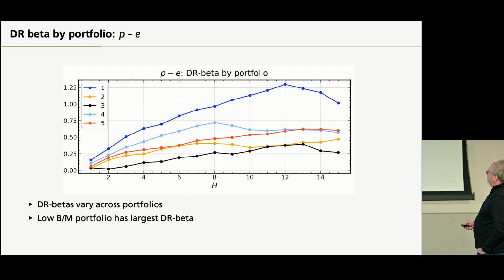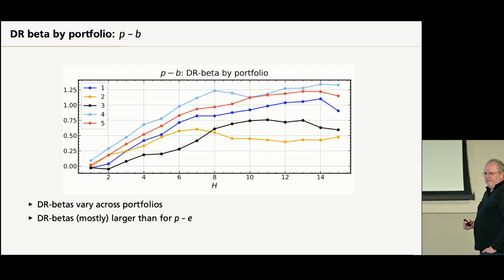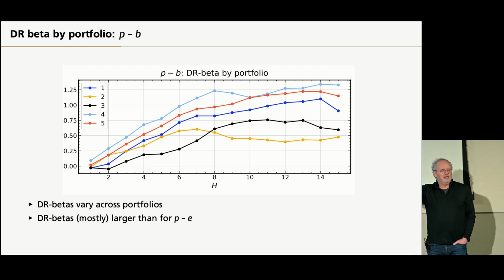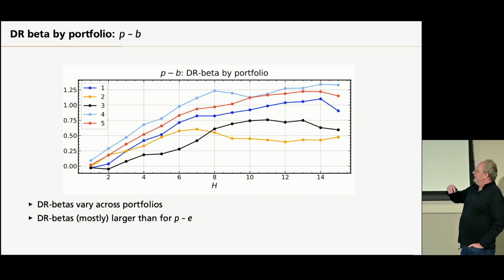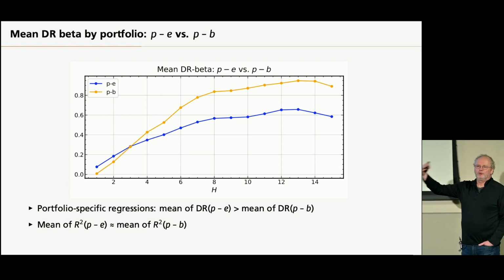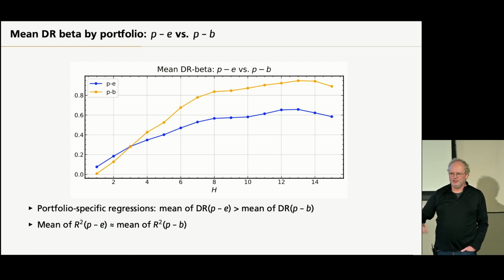Now what's interesting is if you do the same thing for the price-to-book ratio, you actually get very similar results. In the time series regression, if you run this portfolio by portfolio, the pattern of the discount rate betas for the price-to-earnings ratio and price-to-book ratio look very much alike. In fact, if you look at the means across all these 5 portfolios, you actually find higher discount rate betas for the price-to-book ratio as opposed to the price-to-earnings ratio.